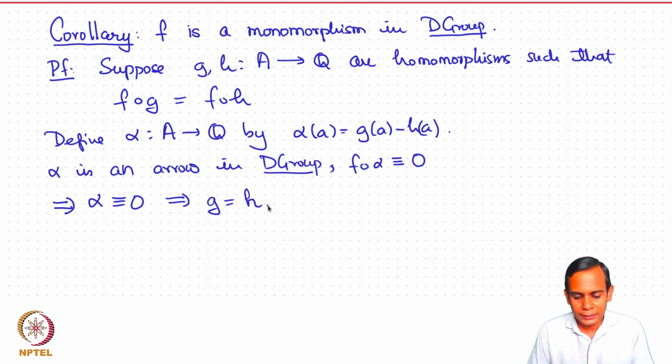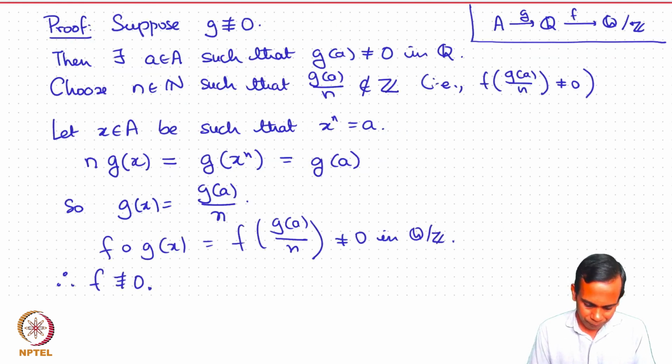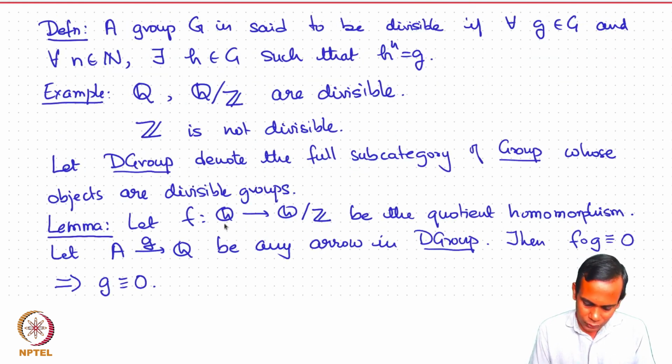So what we've shown is that f is a monomorphism in the category of divisible groups. However, clearly, f is this quotient map. It has a kernel. It is not injective. So what we see is that in the category of divisible groups, not every monomorphism is injective.